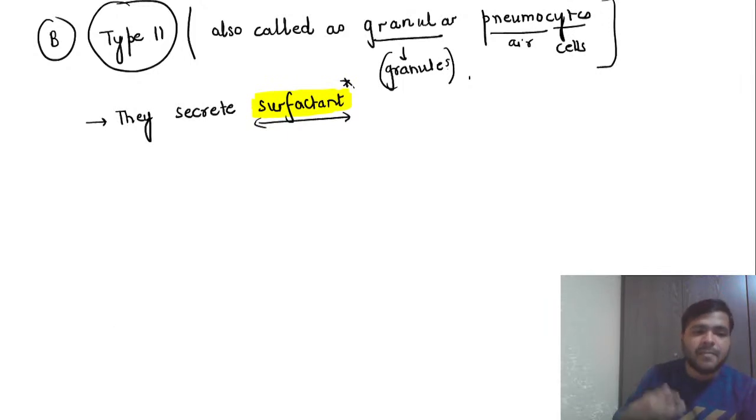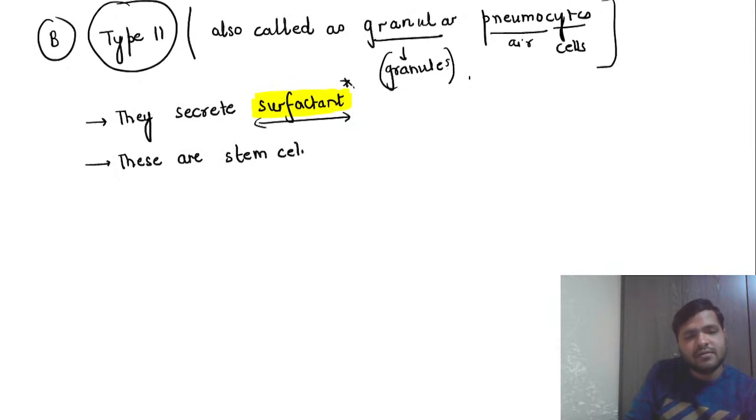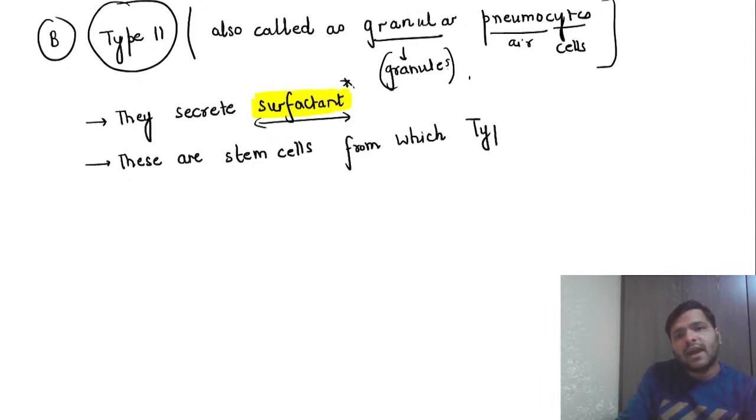Now, apart from that, these are the stem cells from which the type 1 cells arise.